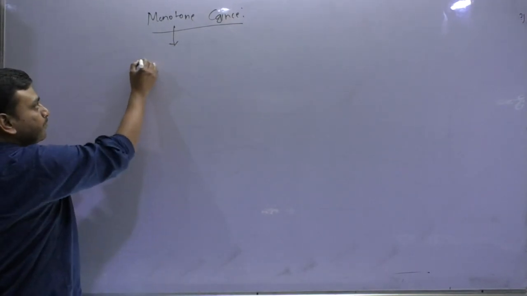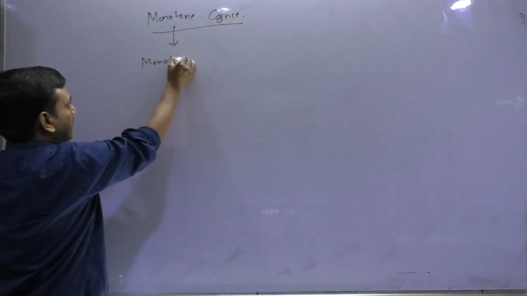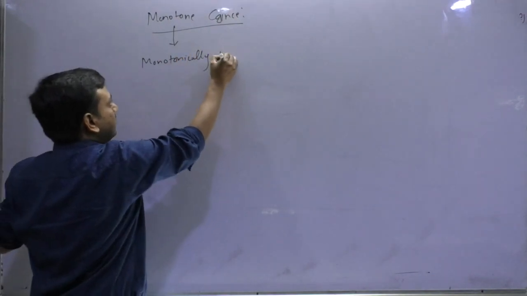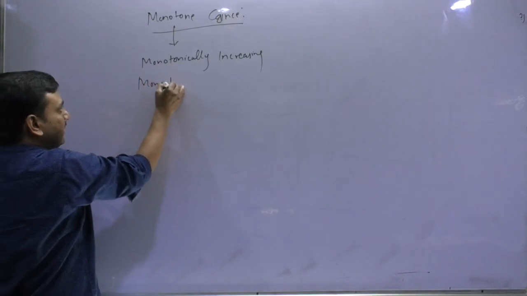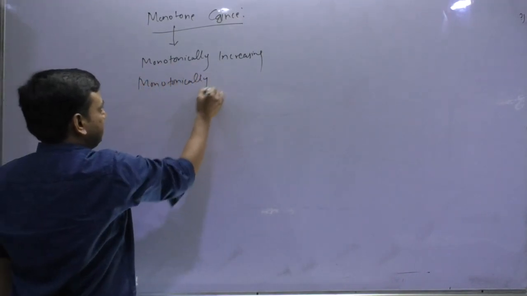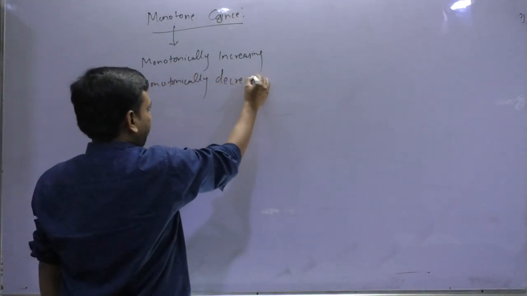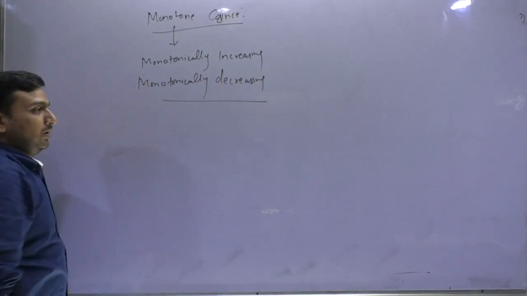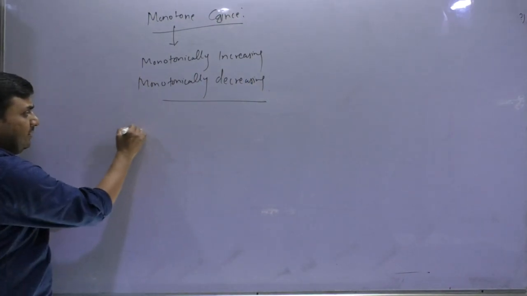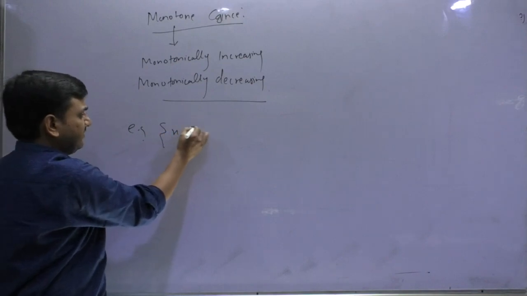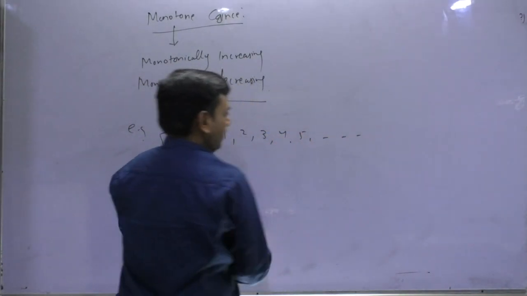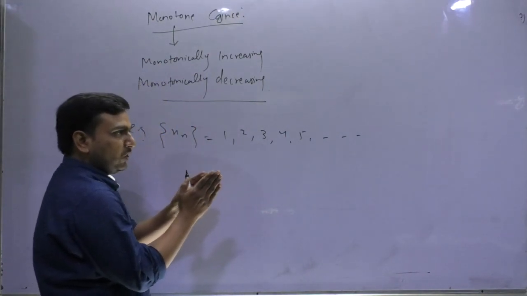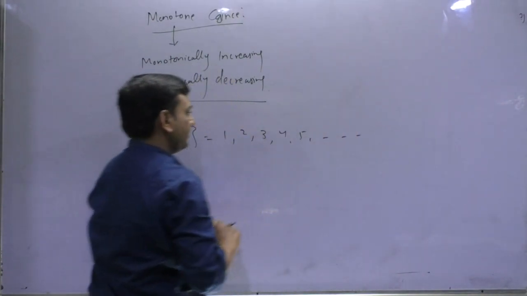comes with monotonically increasing, monotonically decreasing. For example, if I talk about the sequence 1, 2, 3, 4, 5 and so on, this sequence is monotonically increasing.